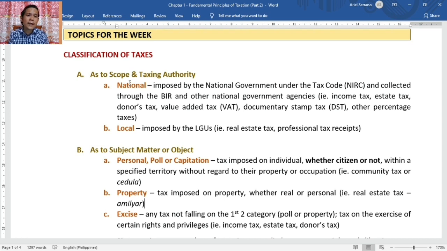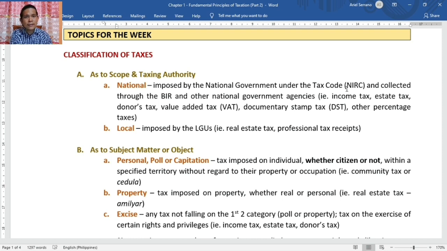Pag sinabi nating national, o kagaya ng makikita ninyo dito sa inyong file, ito yung mga buwis na ini-impose or ipinapataw ng national government because it is stated in our tax code or yung tinatawag natin na NIRC. Etong NIRC, ang ibig dito sabihin is the National Internal Revenue Code. So, meron tayong batas patungkol dyan, yung tax code natin.